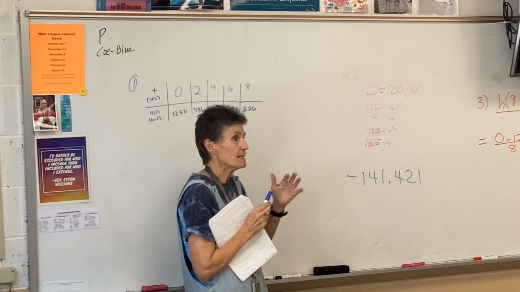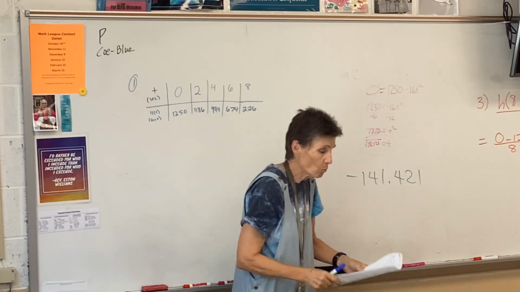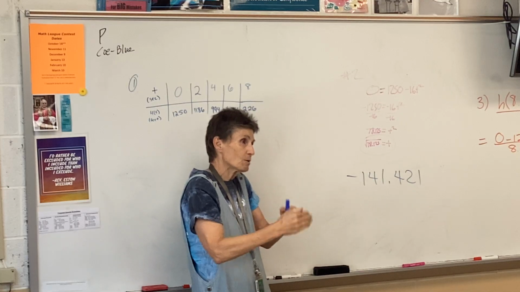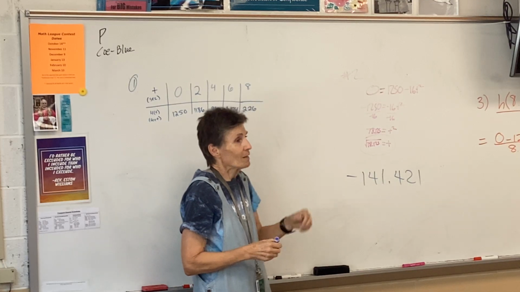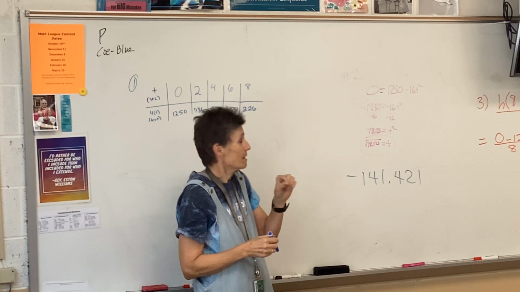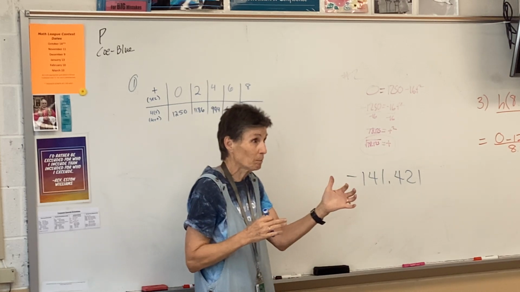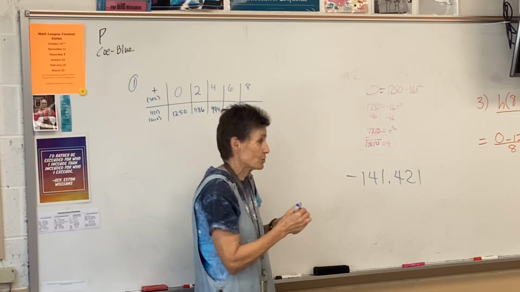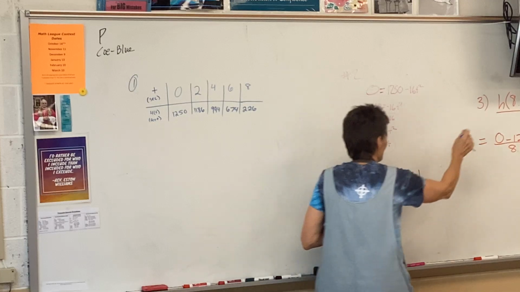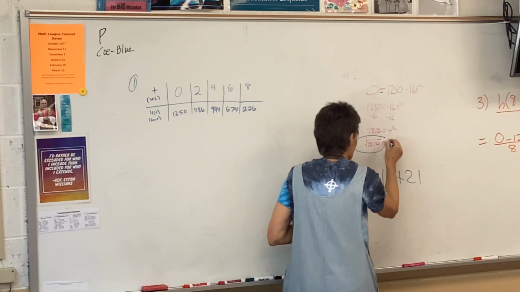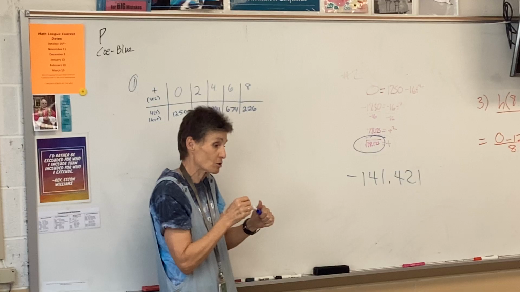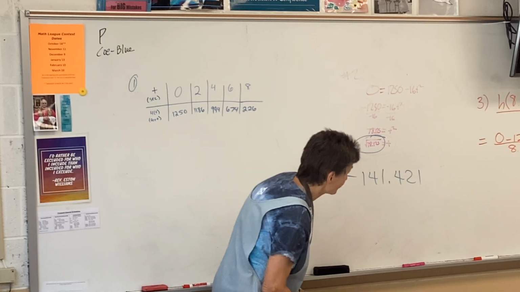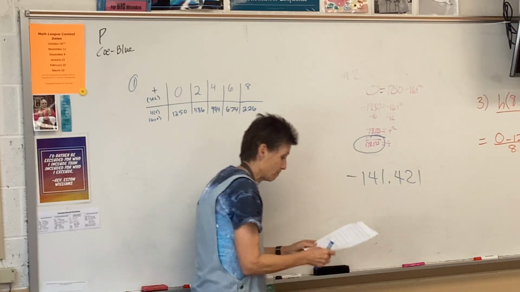So, in general, don't round until the very end. If you do intermediate rounding, it can throw things off. I really think that's one of the reasons they want you to do everything to 3 decimal places, because that forces you to be more accurate. I used this number and got what I think is a better answer. But you did it right, and you put a nice little unit on there, feet per second, beautiful.